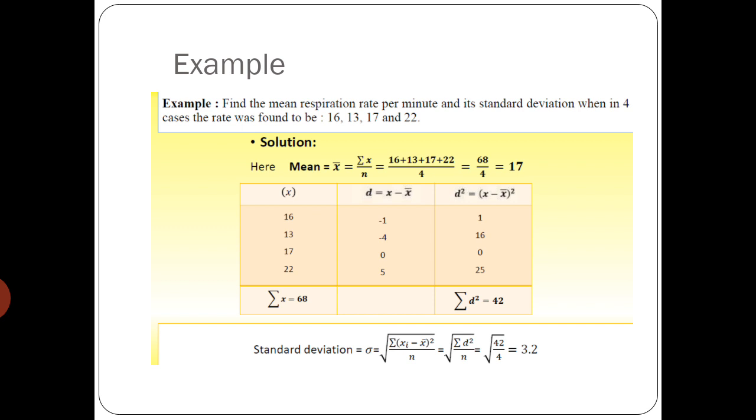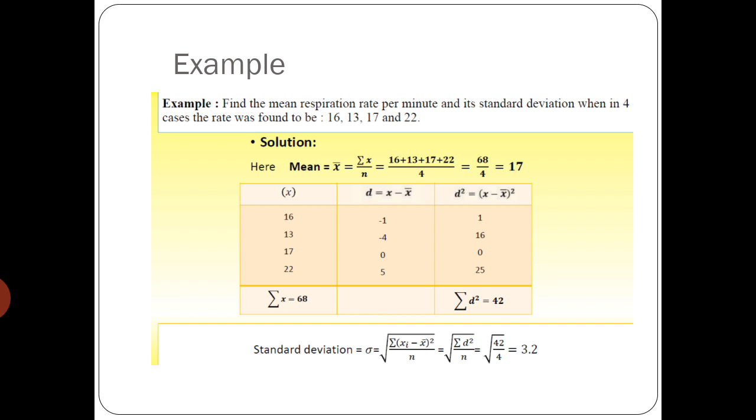So sigma x we will get 68, and we have to take the difference between the mean or the average and the data values. So d equal to x minus x bar. X is 16, x bar, that is mean, 17. 16 minus 17 is minus 1. On the right side, d square. So take the square of this difference.